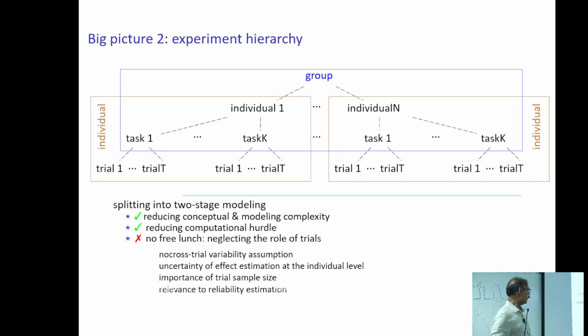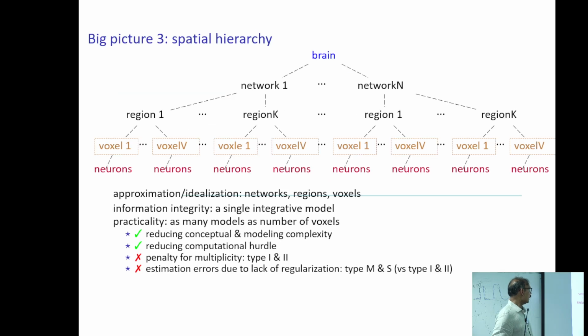This is, again, another way in which we can think of the data that we get. So this is brain, this is different resting state networks, and within each network, there may be different numbers of regions, right?